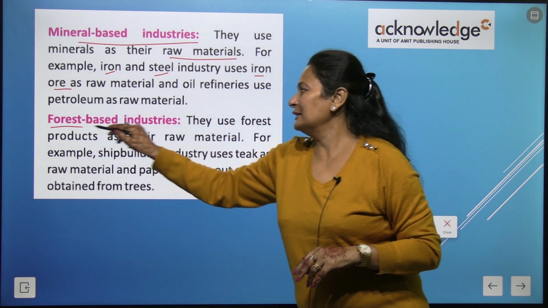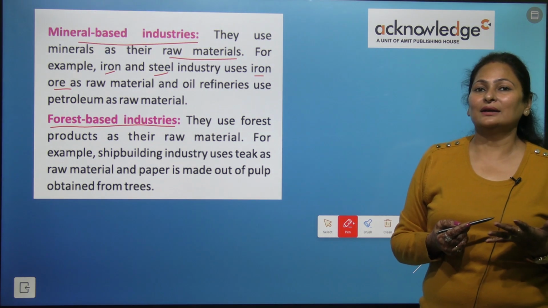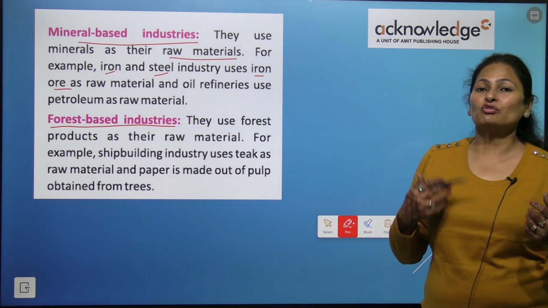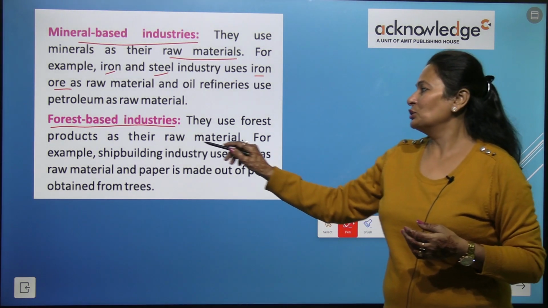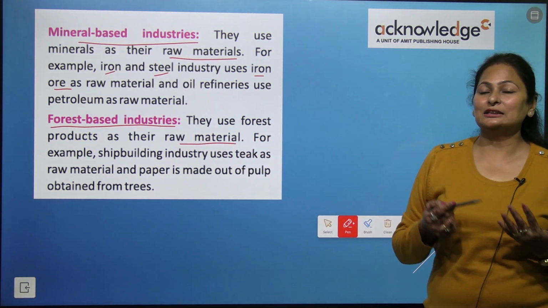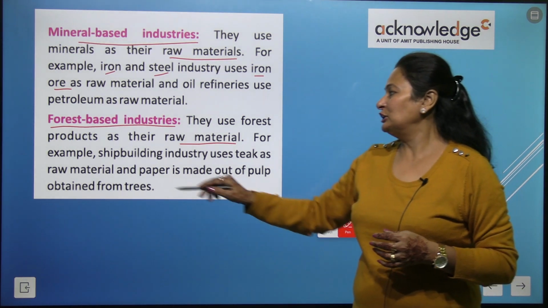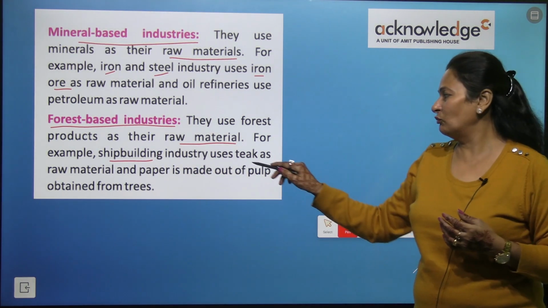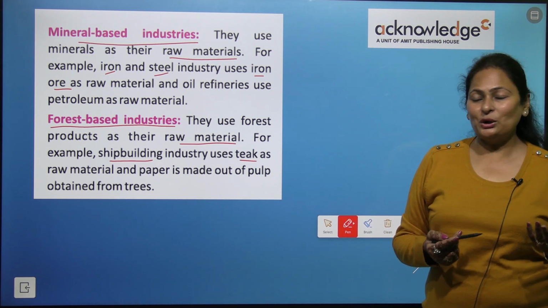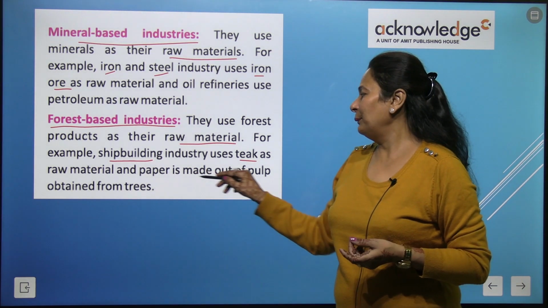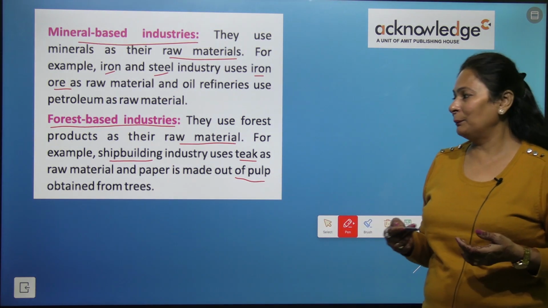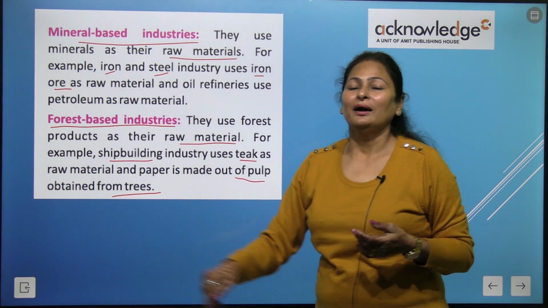Now the last is forest-based industries. Now what are forest-based industries? They use forest products as their raw materials. For example, the shipbuilding industry uses teak. Teak is wood. Teak is used as raw material, and paper is made out of wood pulp, again obtained from trees.